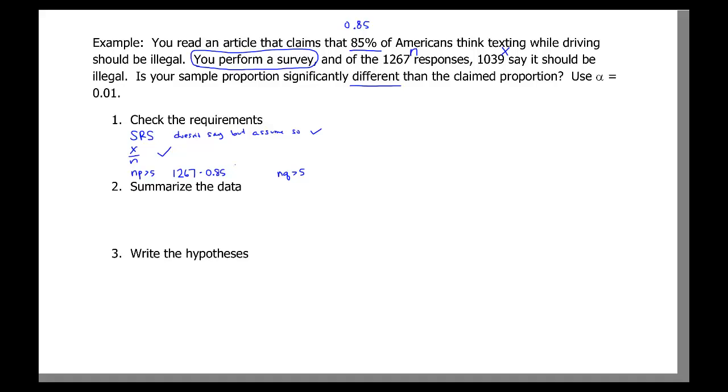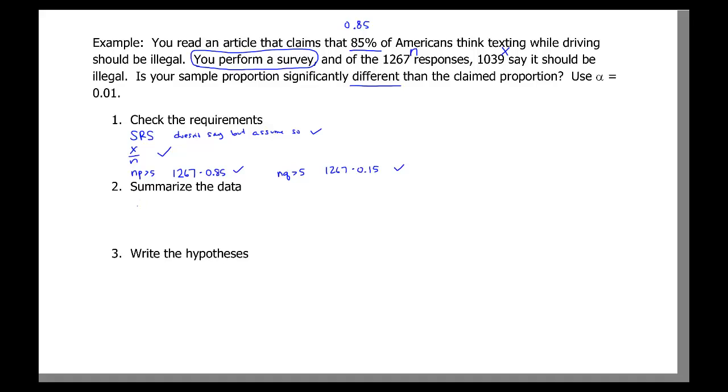And that number is going to be close to 1,000, so we're good there. n times q, q is 1 minus p, so 0.15, and that's a little over 10%, so you're still looking at numbers over 100, which is well over 5, so yes, both of those check out. So all of our requirements are okay, and we can keep going.